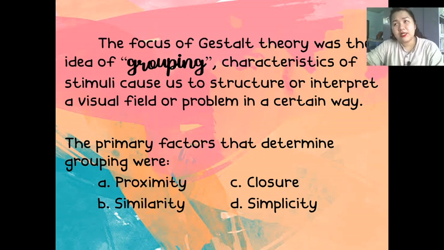Pero later on, sa discussion natin, meron pa tayong iba't ibang factors under sa Gestalt Theory, and we will discuss kung ano yung kanyang teaching implications. So, dito muna tayo sa very basic. Okay? Gagamit muna tayo ng mga pictures, symbols to represent yung teaching implication ng kada grouping.